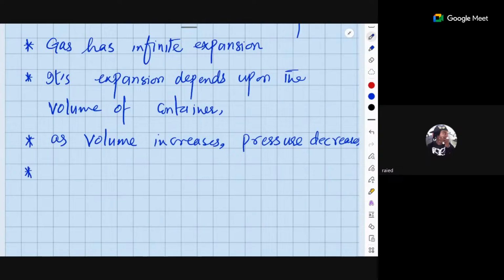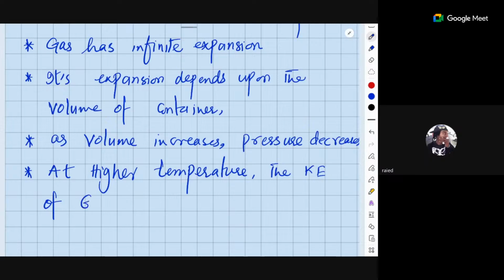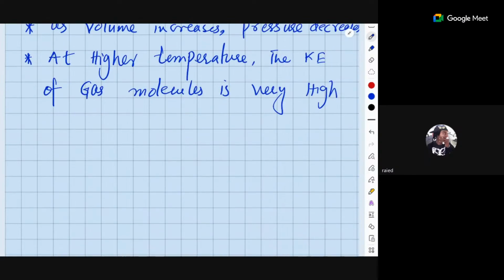So gases have no intermolecular forces, but at higher temperature, the molecules of the gas have very high kinetic energy so that they move very far from each other, right? At higher temperature, what happens? Actually, this is the deeper level question. At higher temperature, the kinetic energy of gas molecules is very high, so they move very far from each other.